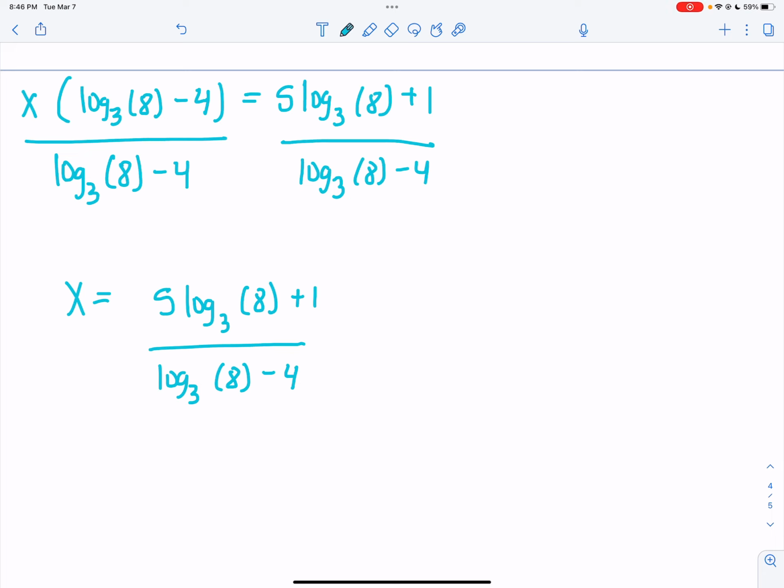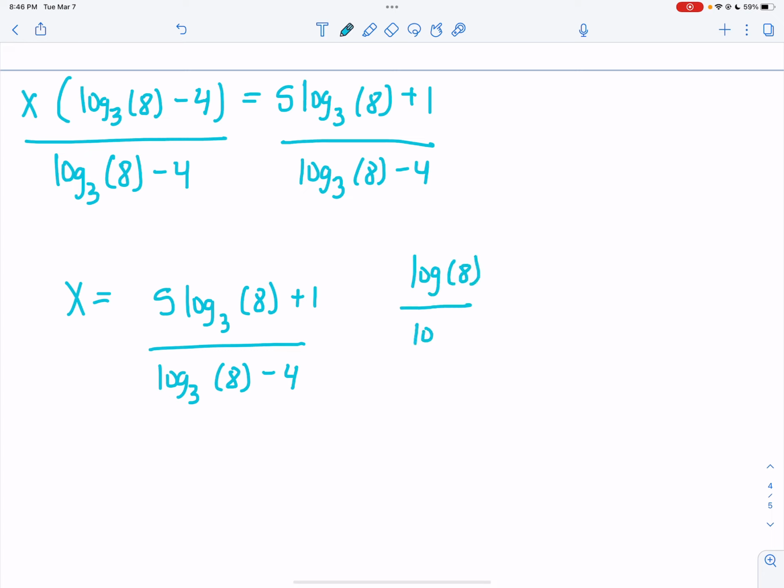Now, unfortunately, if you are one of those people that got stuck with the 84, then you're going to need to change the base.